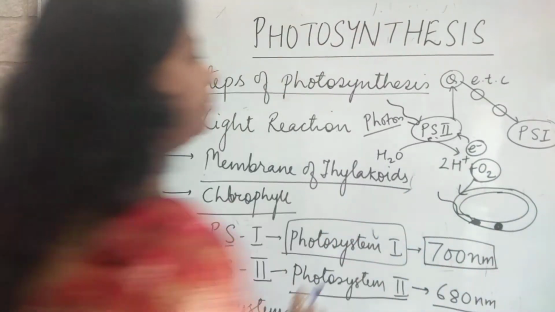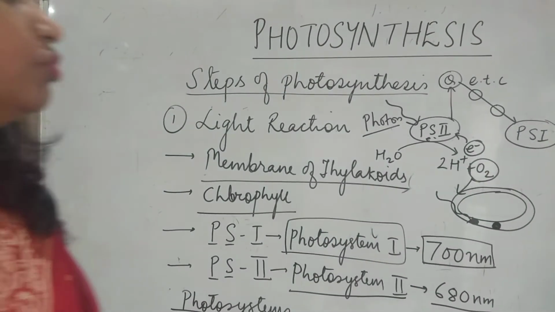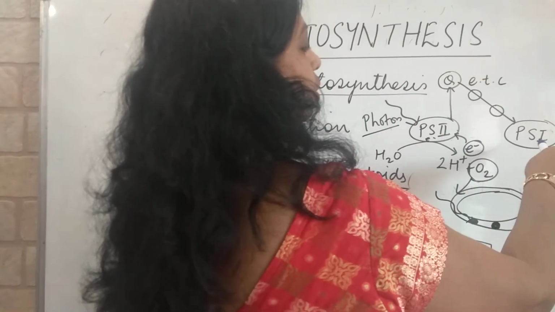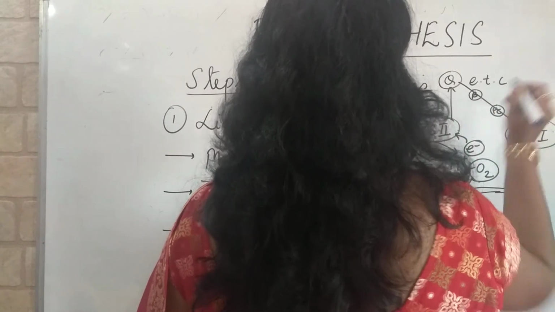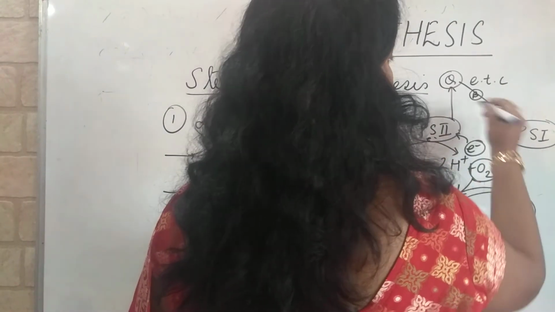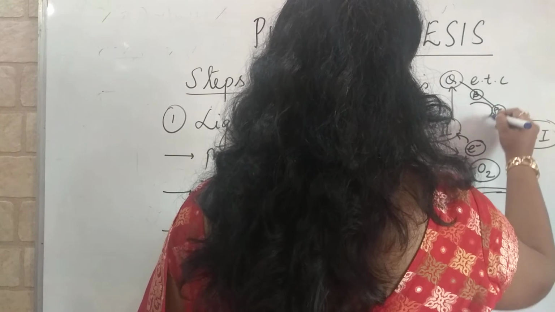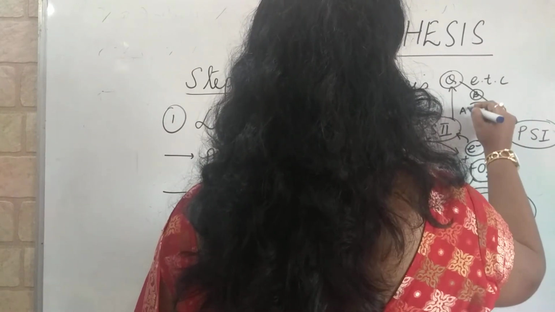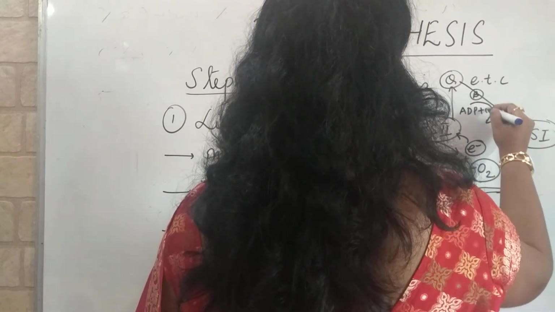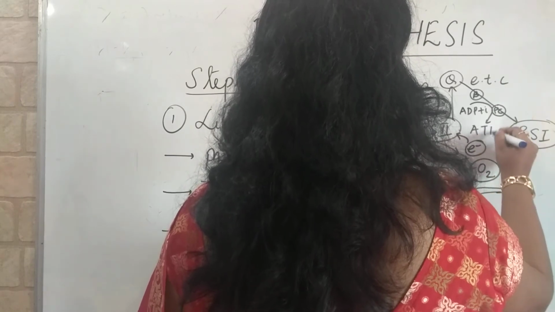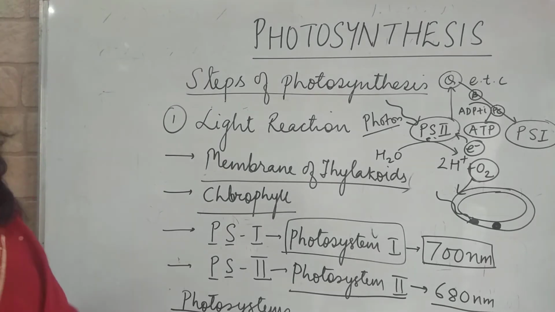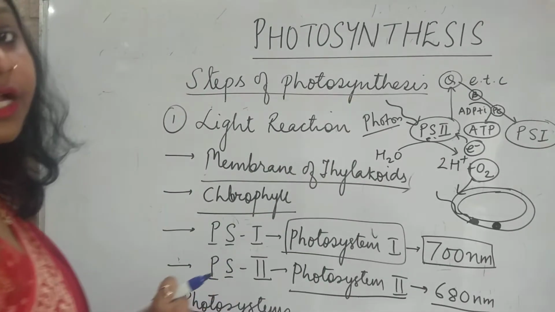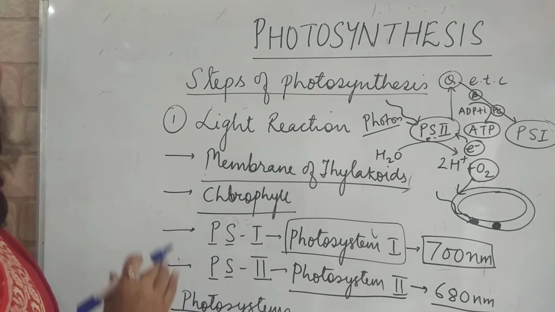So electrons will be taken up by PS2 and then through the electron transport chain, through the cytochrome b6f complex and plastocyanin, electrons will transmit, and during this time ADP will react and will form ATP. It's the most important function of light reaction to produce energy.